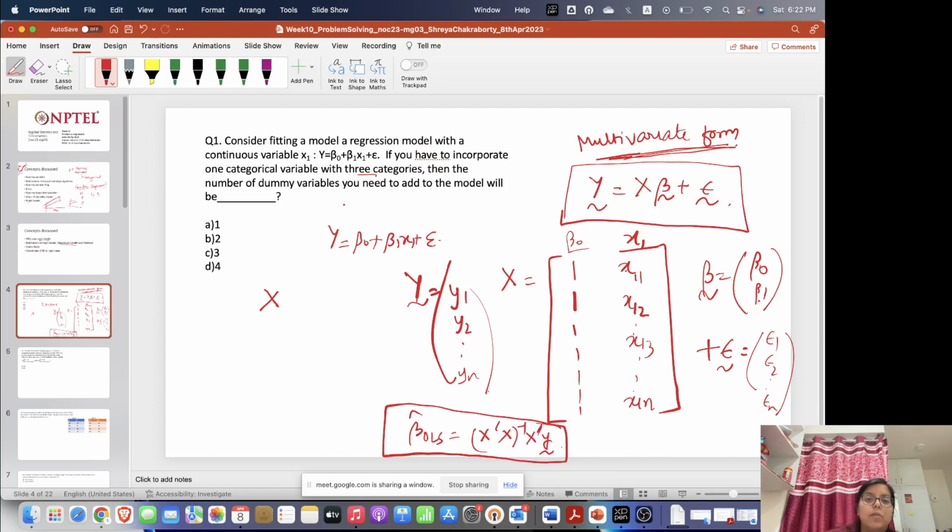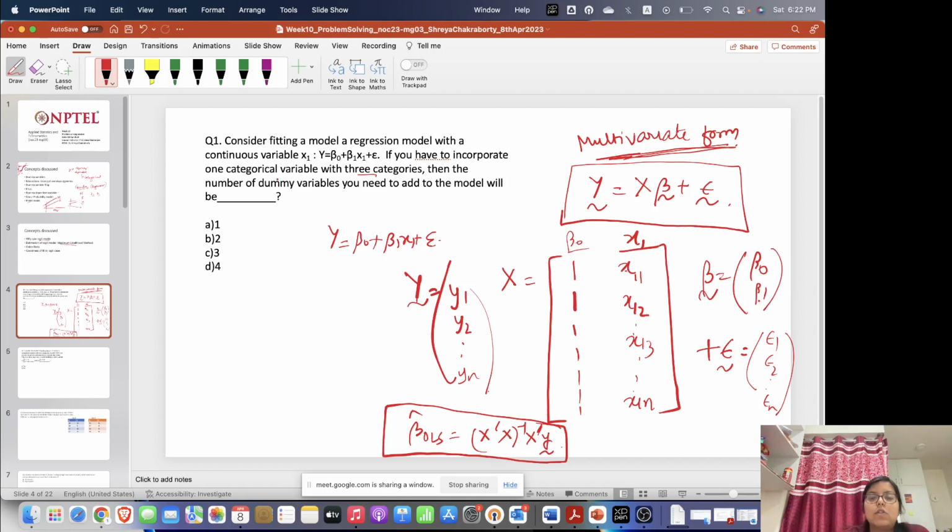Now the problem is that X is not square, so we can't take its inverse. We have to form X transpose X and then take the inverse of that matrix. In order for X transpose X to have an inverse, the columns of the X matrix should not be linearly related.